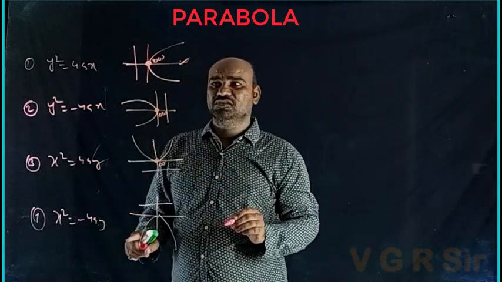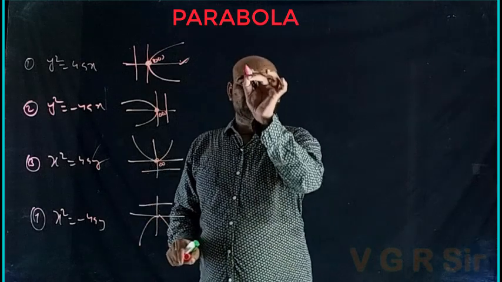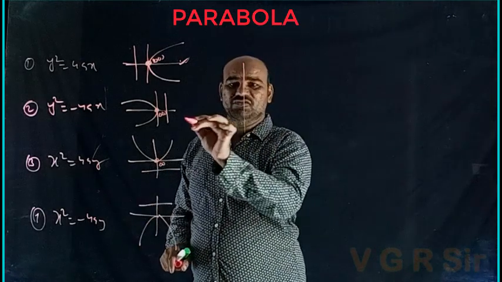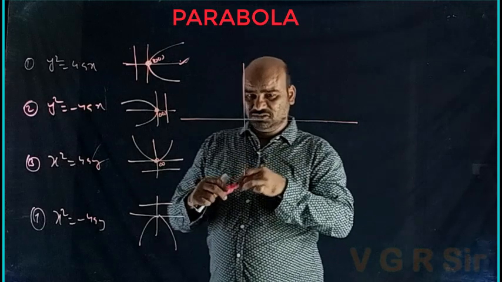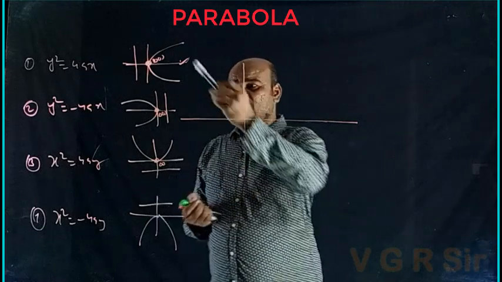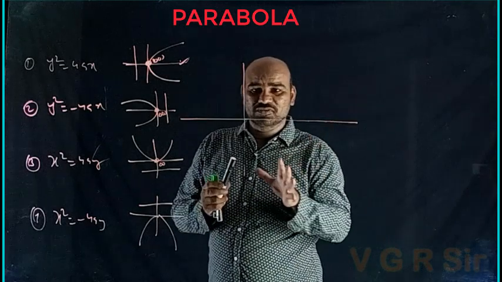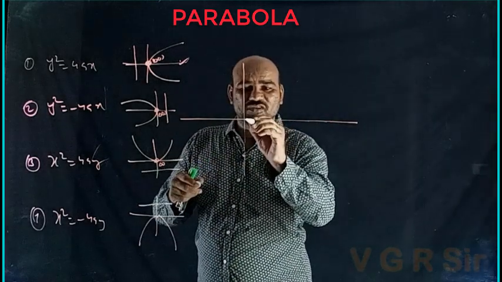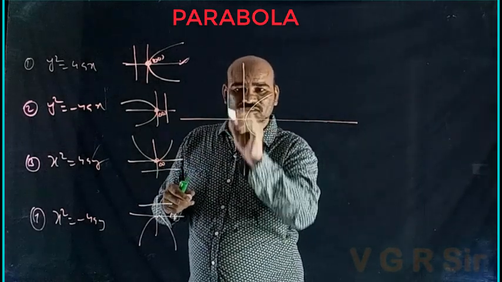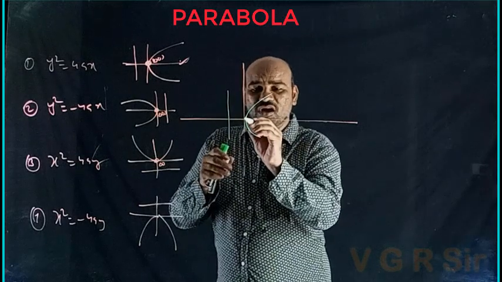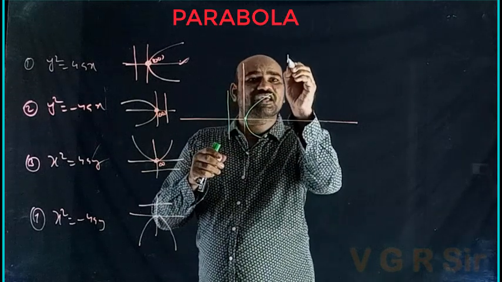Observe here. For example, this is y-axis, this is x-axis. Among all these 4, your vertex is 0 comma 0 only. For example, this is one of the parabolas. Now this origin is shifted to some h comma k.